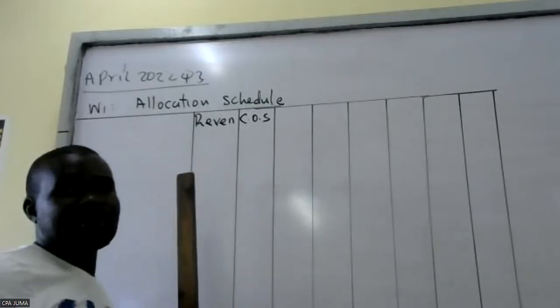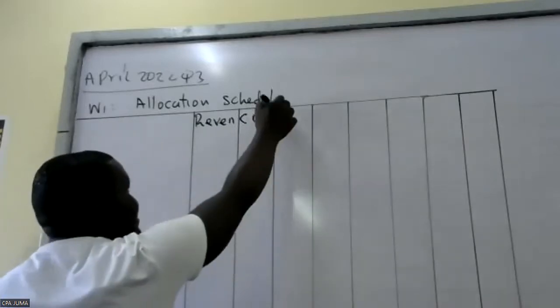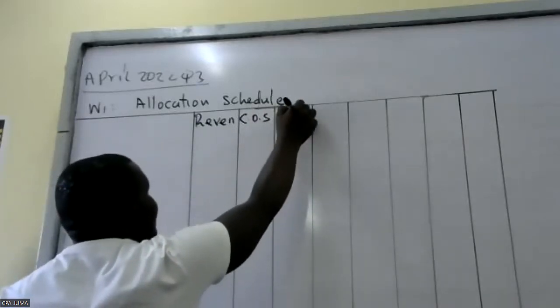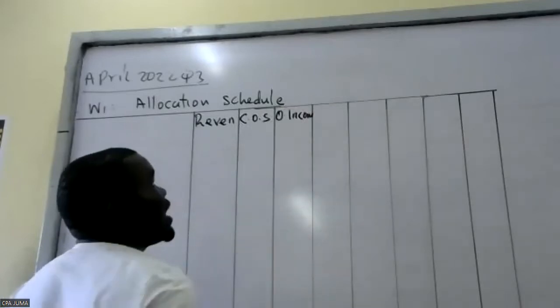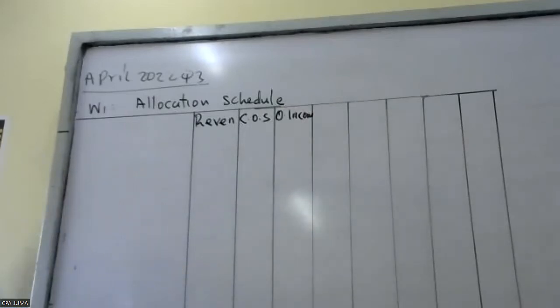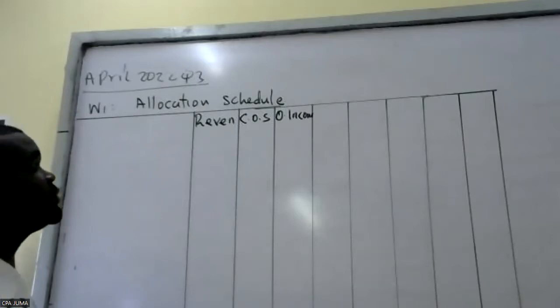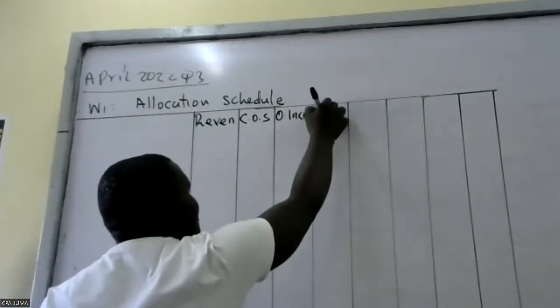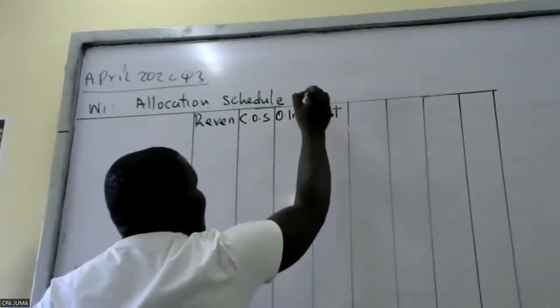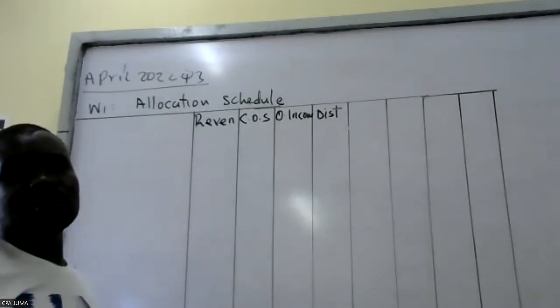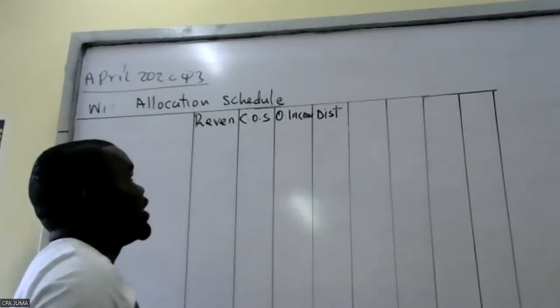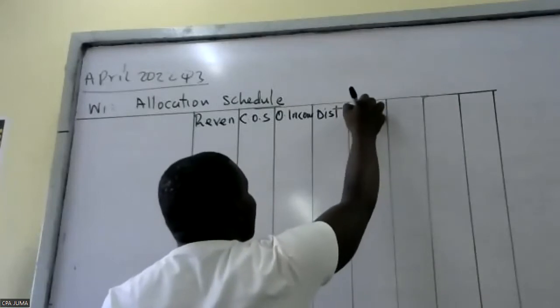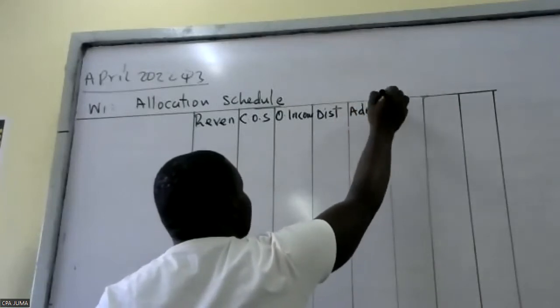Then after cost of sales, you say other income, then distribution cost, then admin expenses.